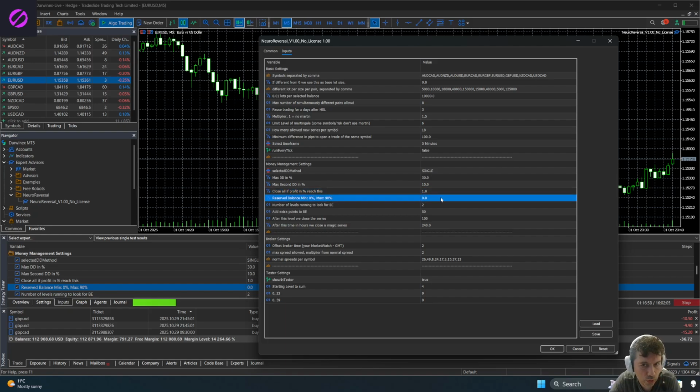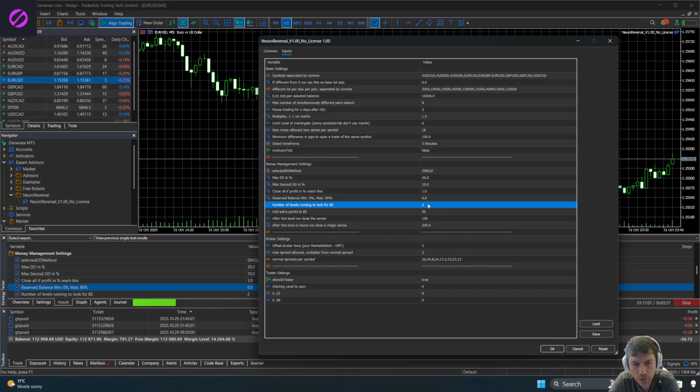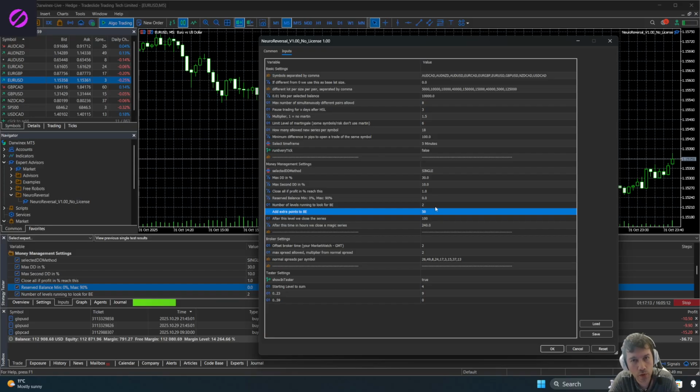This is if you want to use only a specific percentage of your balance. And this means that after the second level, we start looking for a break even. And this is to tell us a little bit above break even.